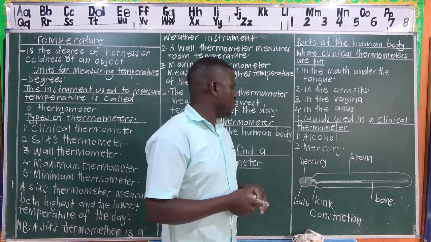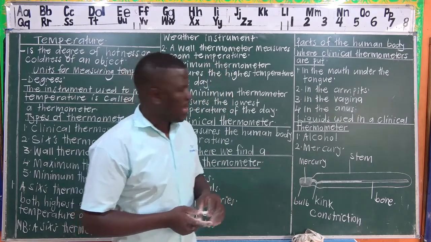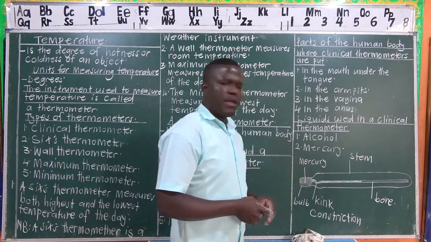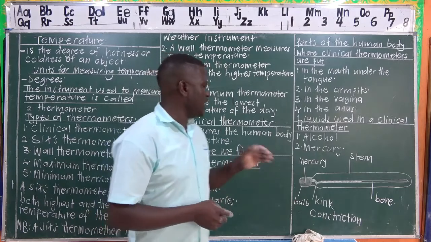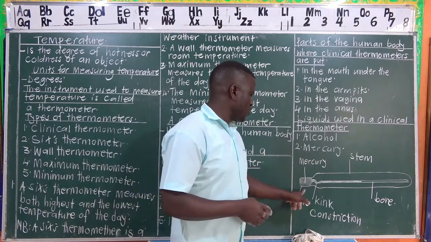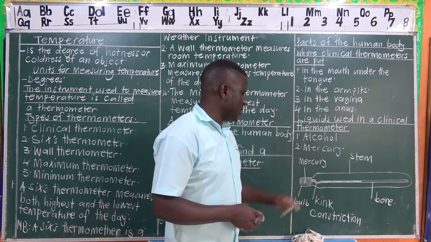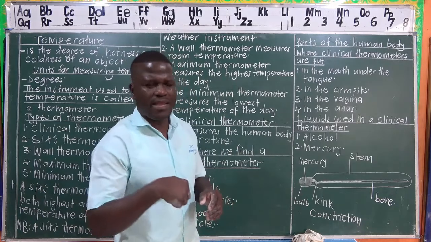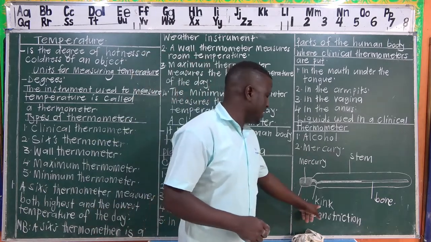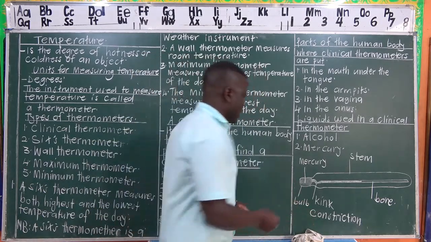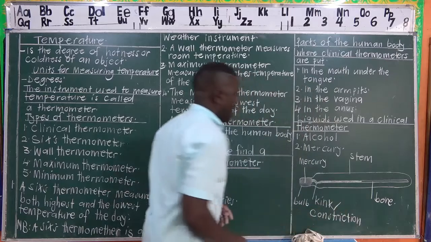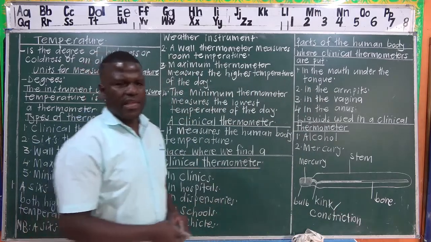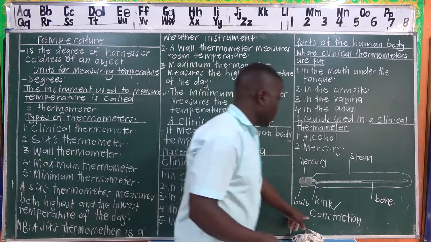Let's look at parts of a clinical thermometer. A clinical thermometer has mercury, and this mercury is found inside the bulb. Then there is the part which is bent. That part is called the kink, and this kink is also known as constriction.